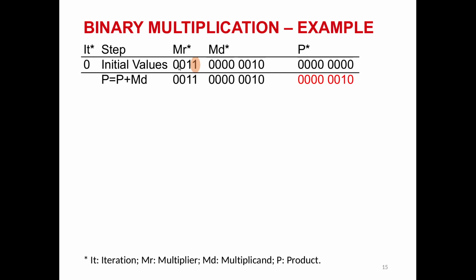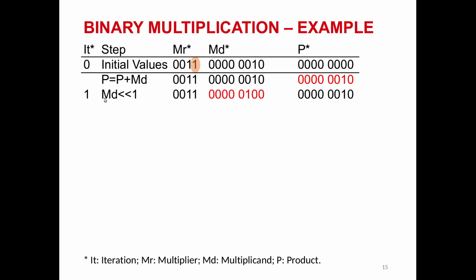So after checking this, we will add the product, that is 0, together with the multiplicand, that is 0, 0, 1, 0 here, and we have the new value for product.